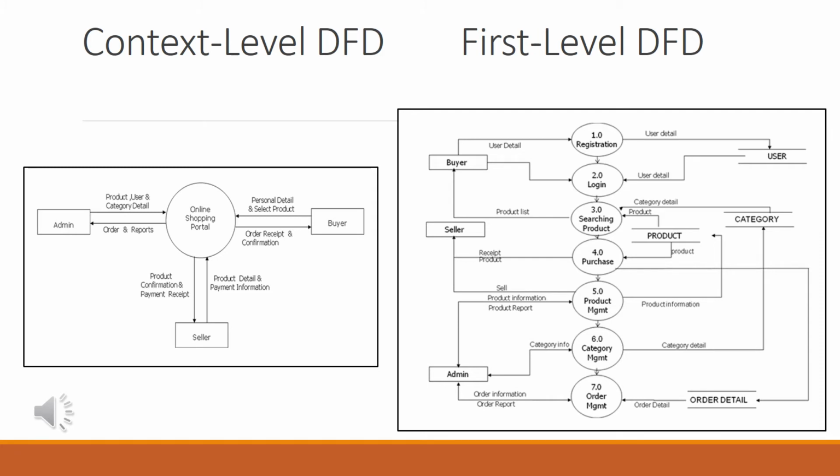And you can see in this diagram that buyer, seller, admin are the external entities; registration, login, searching product, purchase, product management, category management, order management are all the sub processes of the single process of the online shopping portal. And then user, category, product, order details are the data stores, in which our final result is stored permanently, or you can say temporarily also.